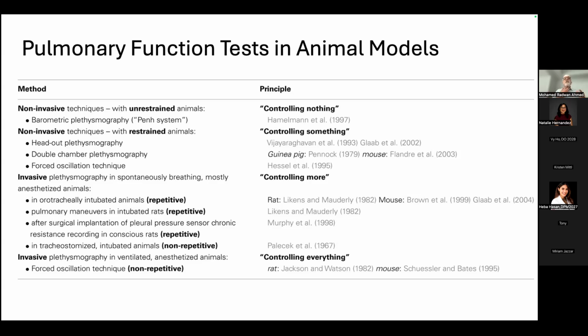And you can do a tracheostomy, open the trachea and put the tube for ventilation in the trachea. You cannot give the animal a mouthpiece and ask it to breathe, so you have to put the tube where the animal should breathe, like inside the trachea. And this is invasive, controlling everything.